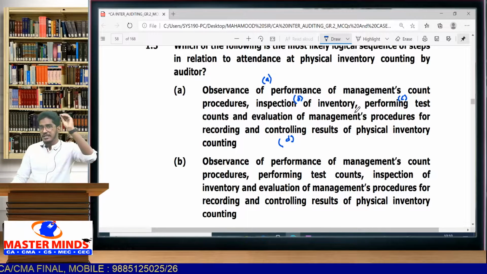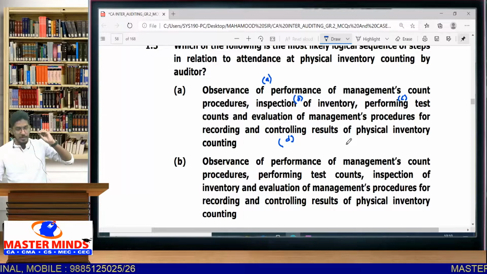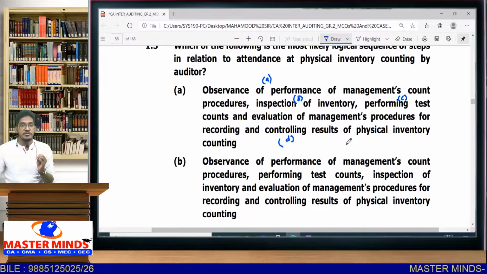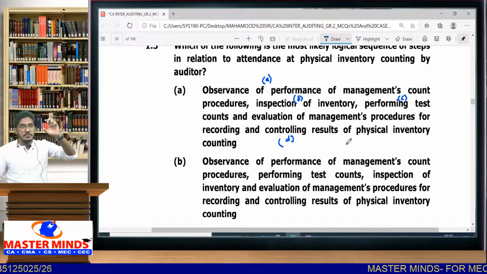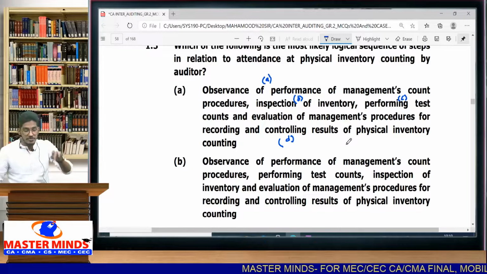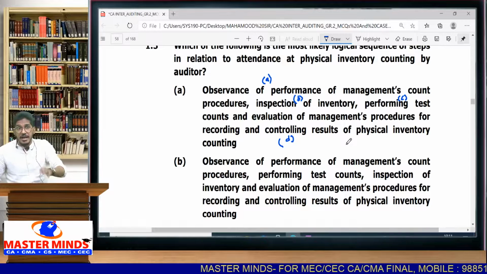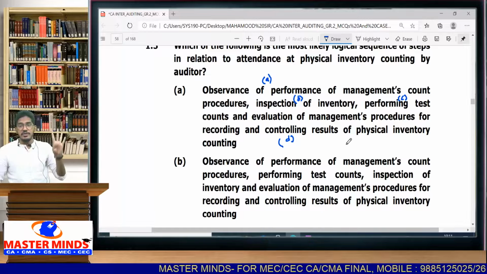See, if you open our material on the SA 501 standard, the first point will be there. When you attend the physical inventory counting, what you will observe in the standards on auditing, 4 points will be there. Those 4 points are these only, and there we have given the correct sequence also.